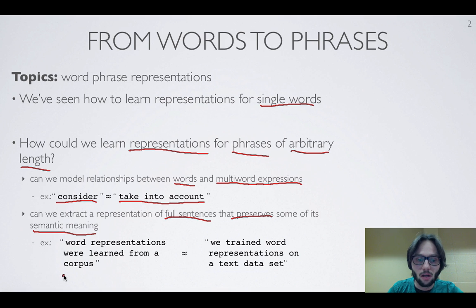So for instance, a model that would output a vector representation for the sentence word representations were learned from a corpus that would be very close to an equivalent sentence which says we train word representations on a text data set. So that's the question we're going to be interested in trying to address. See how well we could learn a fixed size representation of these fairly long sentences and still maintain as much semantic information as possible.